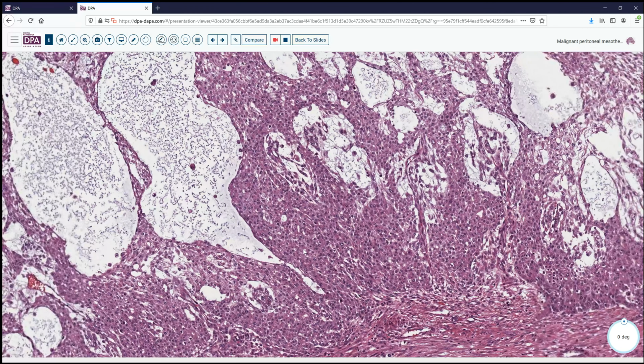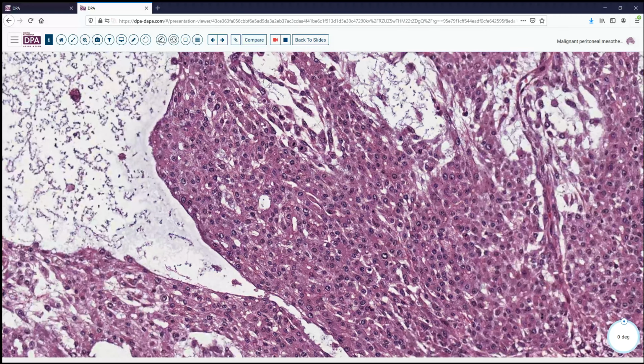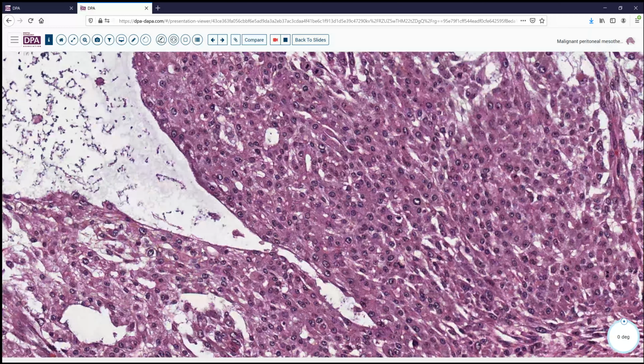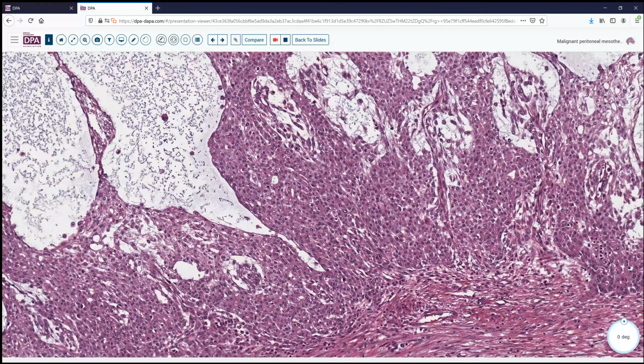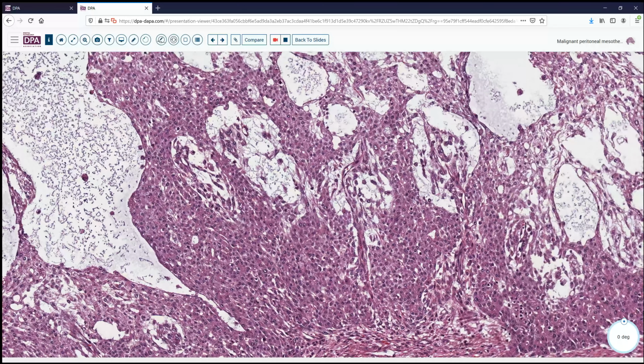They're kind of sheet-like, with amphophilic cytoplasm. And again, we can see that the nuclear features are fairly low grade. They're rounded, but the chromatin is more coarse. There are a few nucleoli and so forth. So there's a degree of atypia here. And as per mesothelial lesions, we see the intercellular windows between cell groupings. And we have this lace-like pattern here as well.